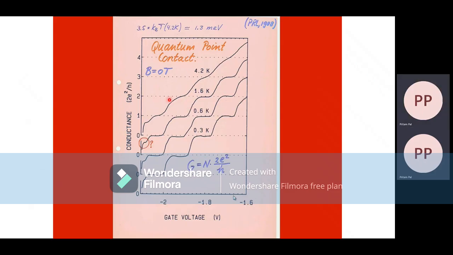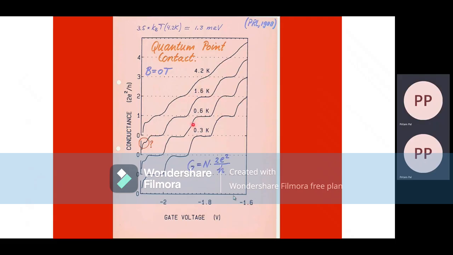It's not perfect. A way to destroy this perfect quantization is to increase the temperature. This is what is shown in this plot. As temperature goes from 0.3 Kelvin to 4.2 Kelvin, the plateaus are essentially washed away, as you can see.